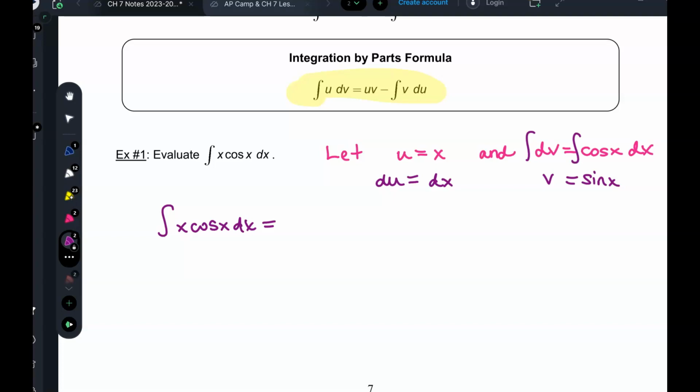So u is x, v is sine x. So x times sine of x minus the integral of v du. Sine x, what was du? dx.